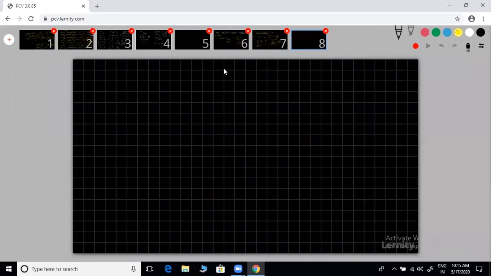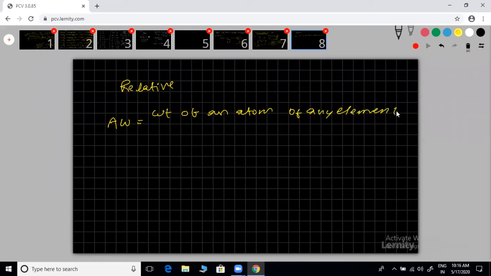On the relative scale, atomic weight is defined as the weight of an atom of any element by standard weight.